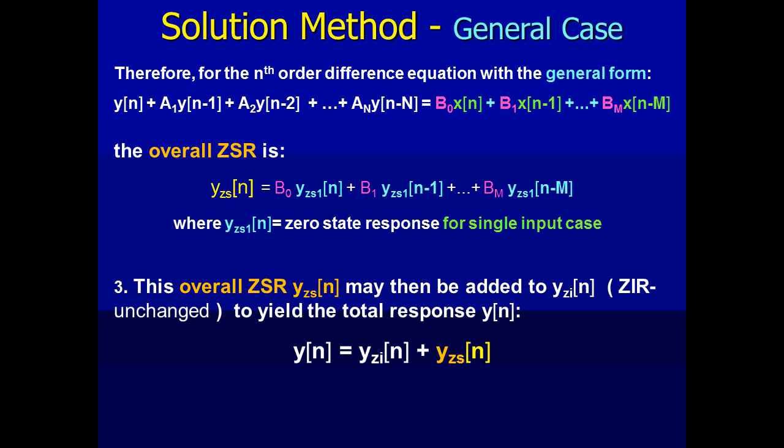The zero state response for the general system, which is this guy, we'll call that y_ZSR of n, is going to be, well, I've got an x of n term scaled by 1, and I have another single input case delayed by 1 and also scaled by 1.